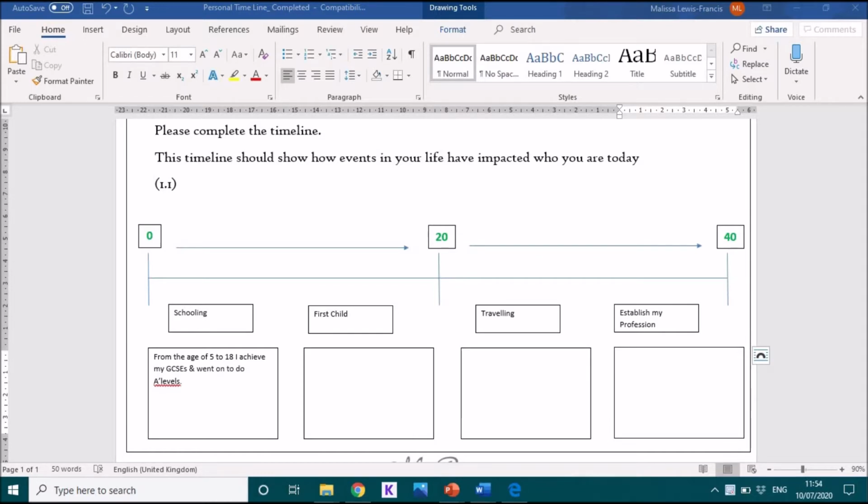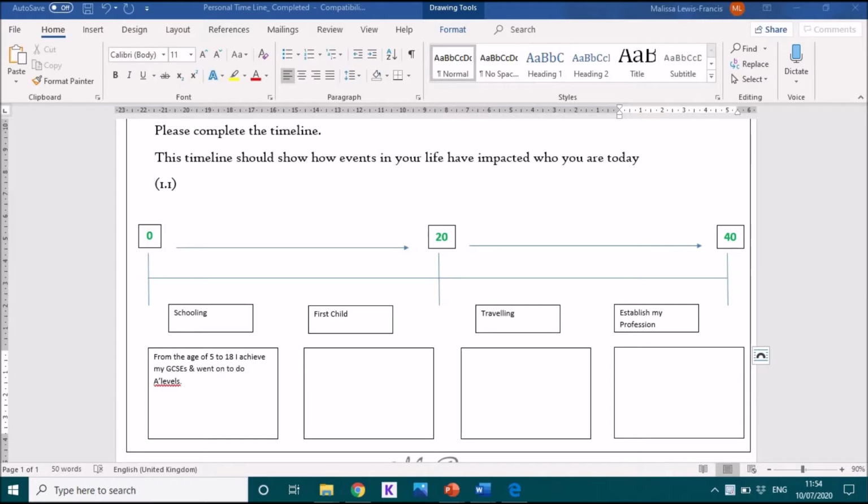This activity embeds your literacy or English, and if you have decided to use the electronic document, it also embeds ICT skills, because you are actually now word processing. It also enables your reflectivity and the ability to think ahead.